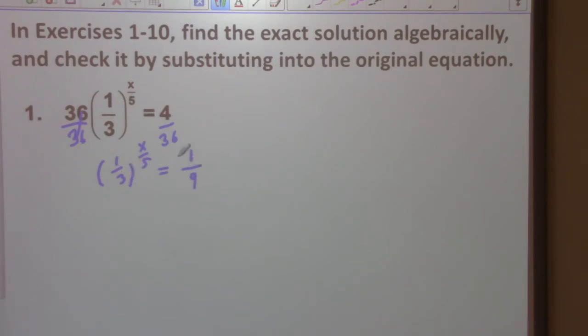Or what if we made these bases the same? Here's a base over here. How can we make this 1/9 a base of 1/3? Can we rewrite 1/9 with a base of 1/3? Yeah, how can we do that?